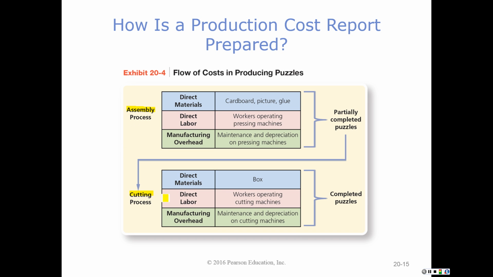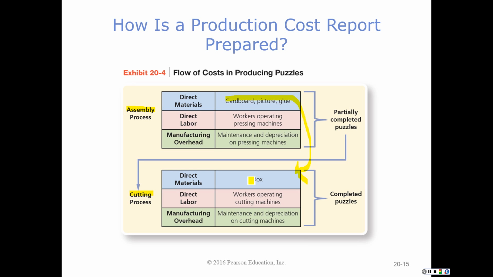In the cutting process, your book tells you that we are cutting the cardboard that has come in from the assembly process, and we are packaging it up. So the direct materials that take place in the cutting process only involve the box. Cutting the materials that came to us from the assembly department down to the cutting department, and then we add the box. So the materials are different in each process.